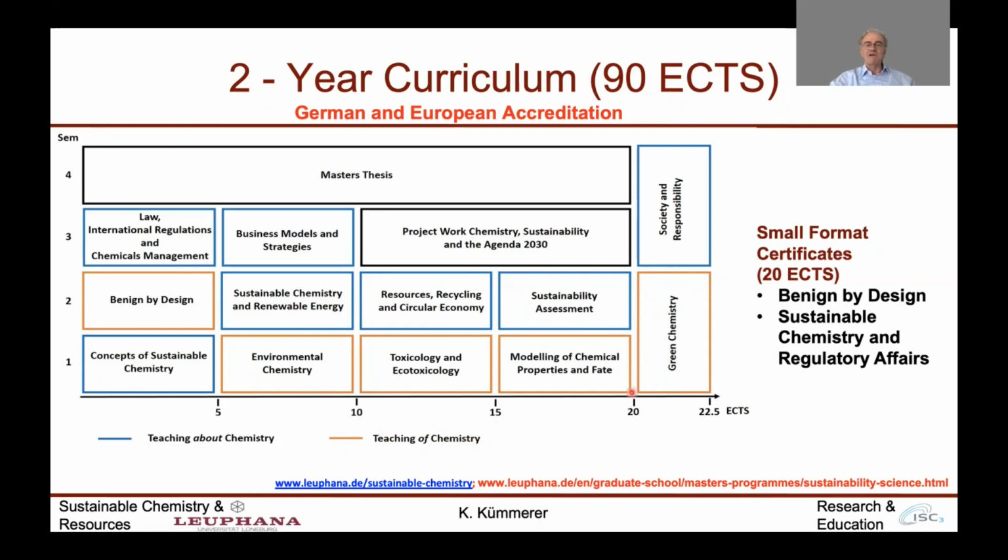Chemistry is taught, maybe green chemistry a little bit, and environmental chemistry we have included, basics of toxicology, ecotoxicology, how to design better chemicals. But we also teach about chemistry. How does chemistry fit into the real world, into society, economy, but also, you see here, responsibility, business models and strategies, but also law. Chemists have to know more in the future. And the same thinking we have in our Master of Sustainability Science.